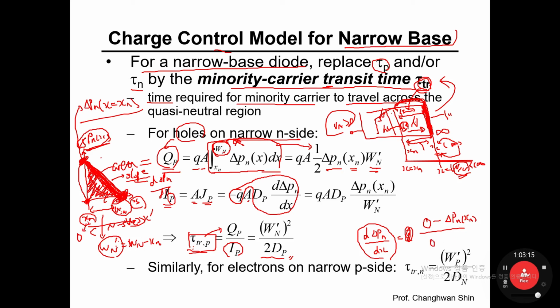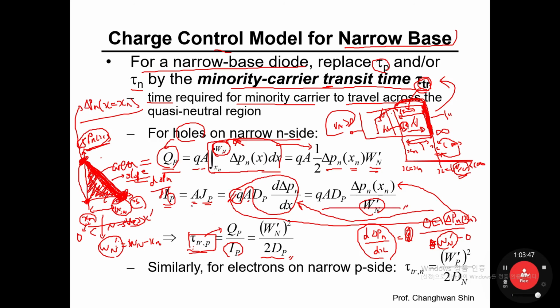So Wn prime minus 0. Okay, so plug in this value into here, then minus Wn prime. So Wn prime here minus delta Pn xn, and this minus would be cancelled out. So you're gonna get this equation.